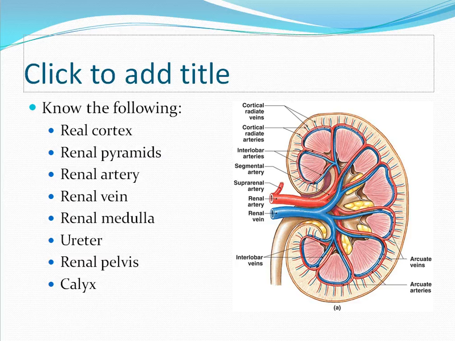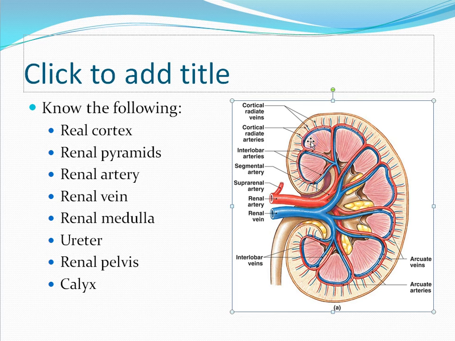Be sure you are familiar with the location and function of each of the following structures. These include the renal cortex, which is the outer layer of the kidney, the renal pyramids, which are these pink triangular structures, the renal artery, which delivers blood to the kidney, the renal vein, which removes blood from the kidney, the renal medulla, which is the middle layer of the kidney that is made up of these renal pyramids, the ureter, which removes urine from the kidney, the renal pelvis, which is this open indentation area within the kidney, this open cavity.